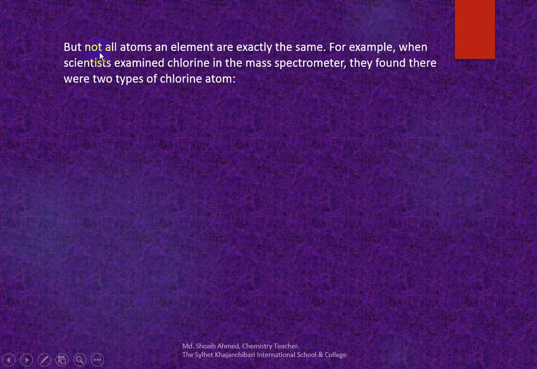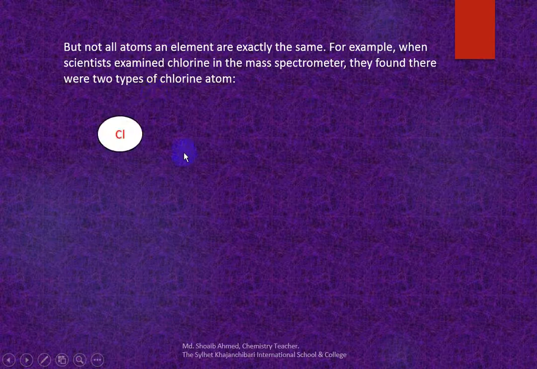But not all atoms of an element are exactly the same. For example, when scientists examined chlorine in the mass spectrometer, they found there were two types of chlorine atom: chlorine-35 and chlorine-37.